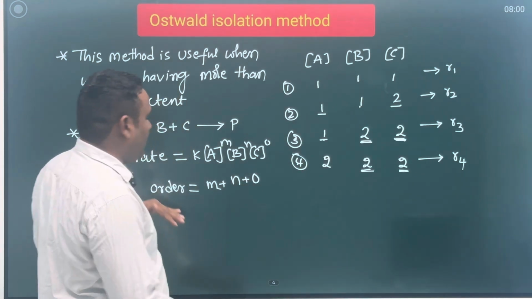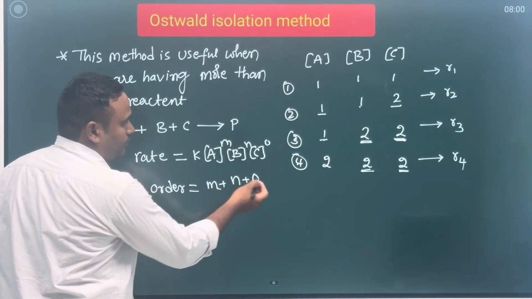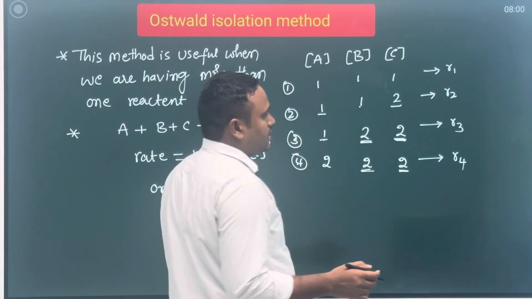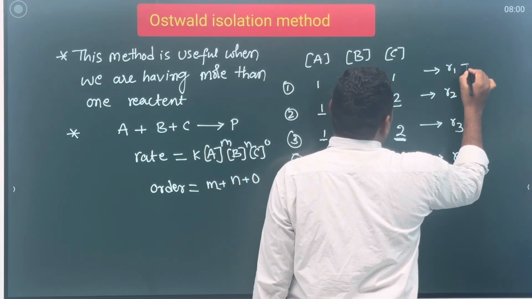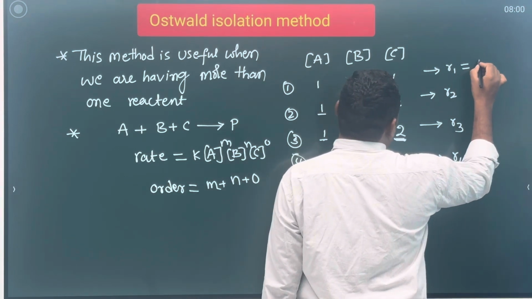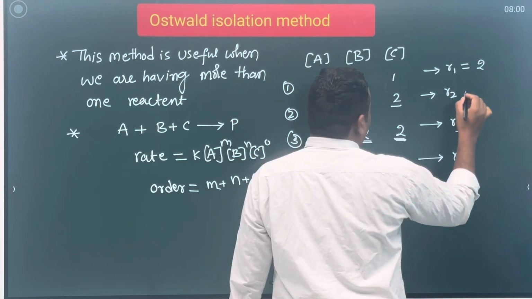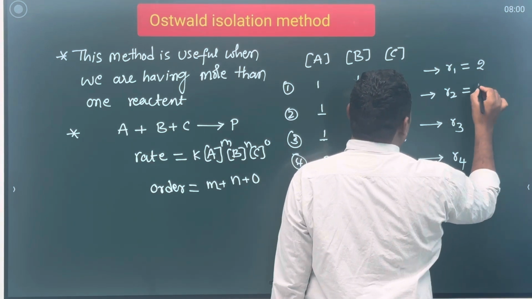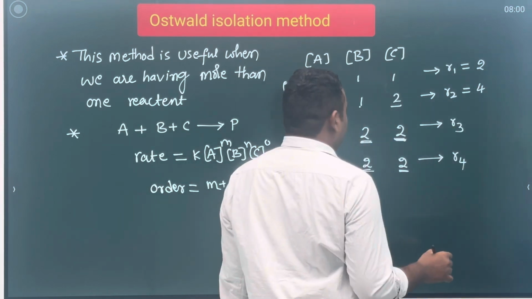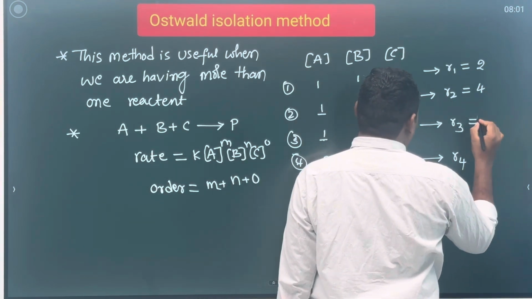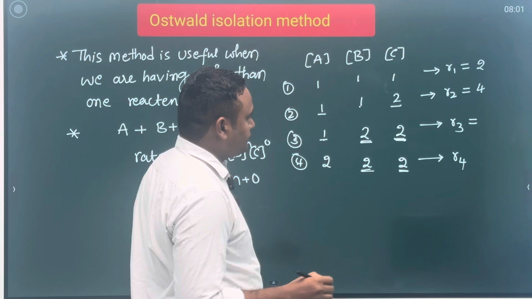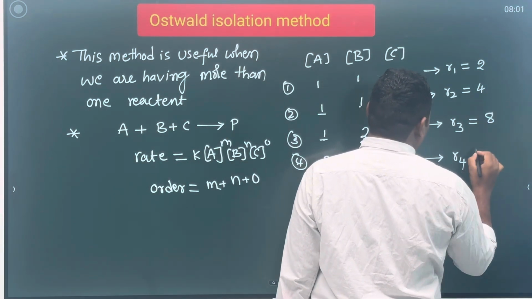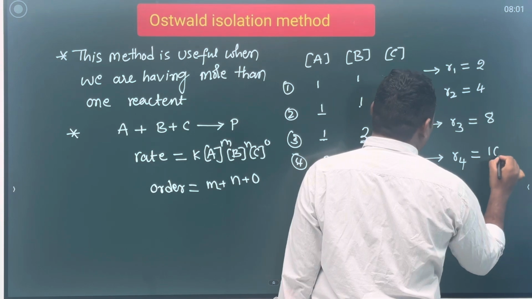So totally what I am going to do, I am going to add them so that I will get the total order of reaction. Okay, let us consider. So your rate with respect to R1 is 2, here R2 you consider 4, and here R3 just consider 8, and here 16 you consider, like that.